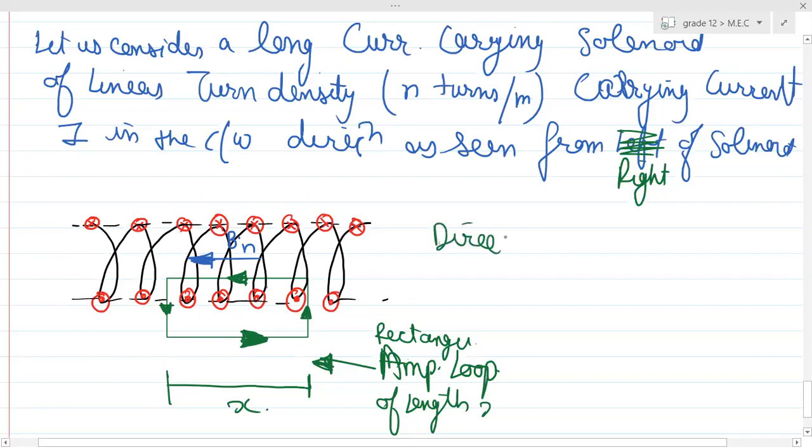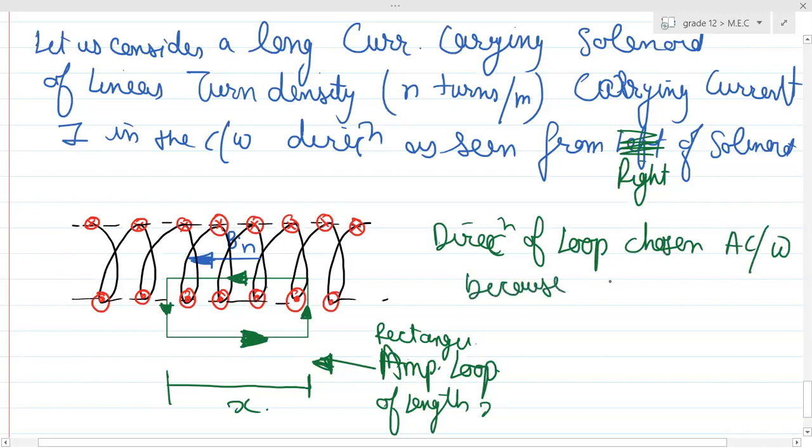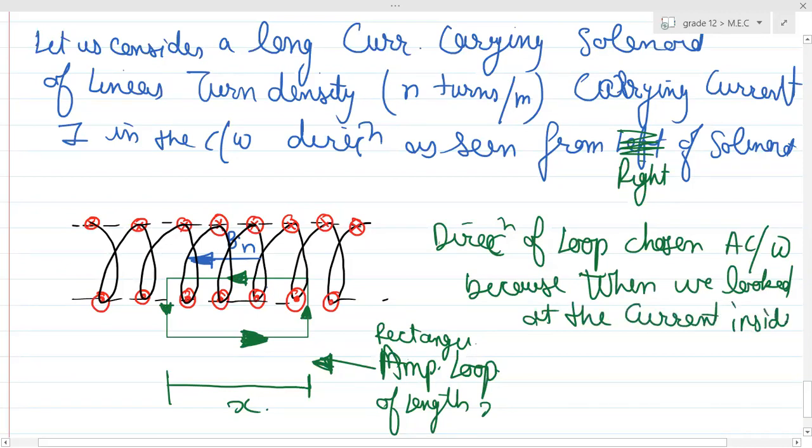Why did we take it as anti-clockwise? The direction of the loop chosen is anti-clockwise because when we look at the current inside it, it was coming out of the plane, and there was only this current.